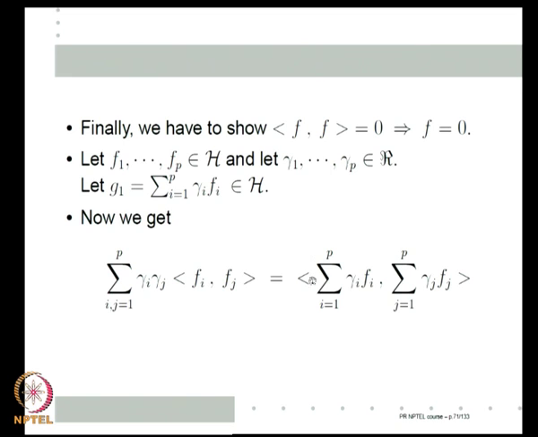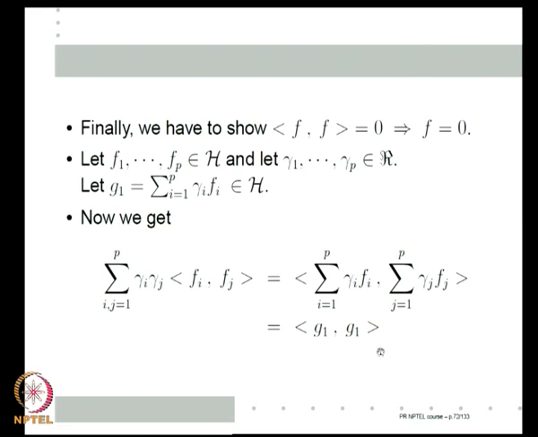Now, this is nothing but what we call the function g. So, this is nothing but the inner product between g and g, because these two are the same summation, i and j being dummy variables after all, and this we have already shown to be greater than or equal to 0. So, given any p functions from H, f1, f2, up to fp, and any p scalars gamma 1 to gamma p, the sum of gamma i gamma j times the inner product of f i and f j, over i, j equal to 1 to p, is greater than or equal to 0.